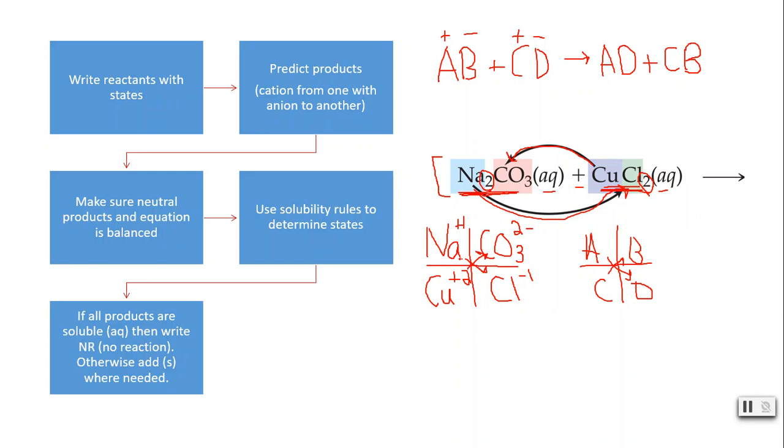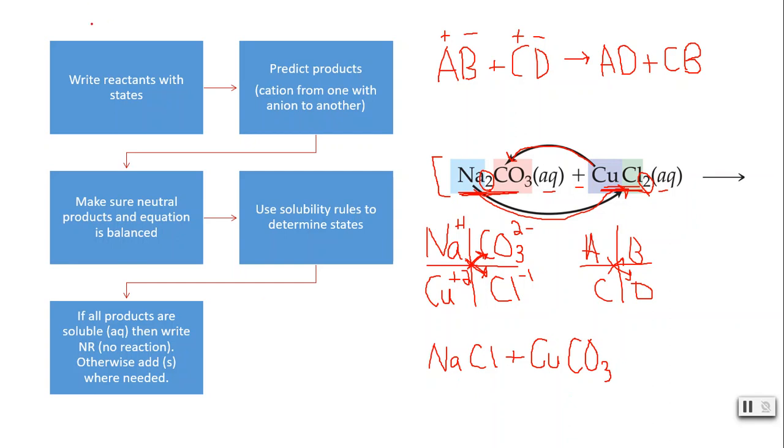Well, my products are going to be NaCl. That's one product. The second product is going to be copper carbonate. And since copper is a +2 in this case, carbonate's a -2, I just need 1 copper and 1 carbonate. So those are the products from this double displacement reaction.